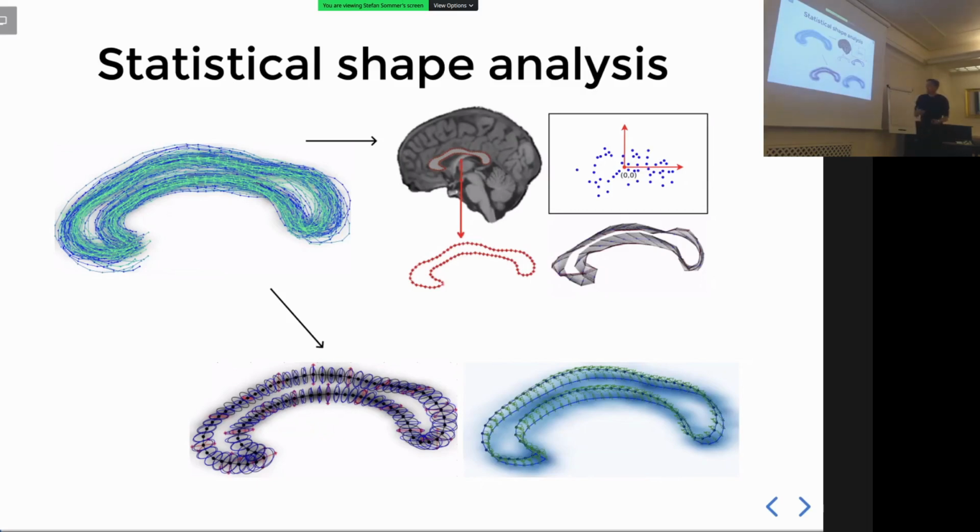And then in shape statistics, we would like to do statistical analysis of these observations. So for example, finding the mean, some kind of representative shape of the data set, or doing things like principal component analysis, looking at what the variation in the data set around the mean is. So this is what you see in the example up here. Or maybe fit a probability distribution, and look at the variance point-wise along the shape.